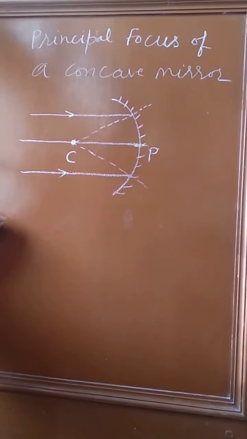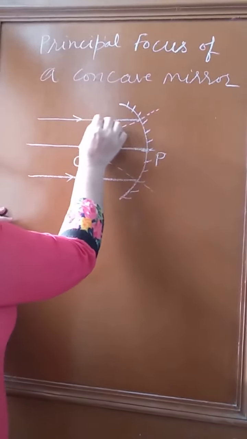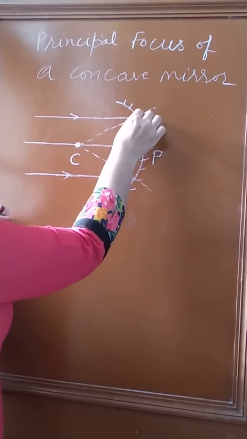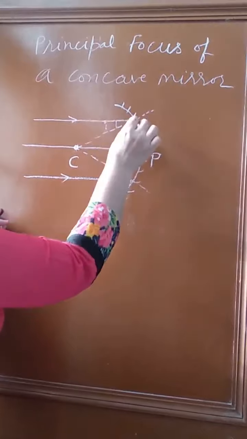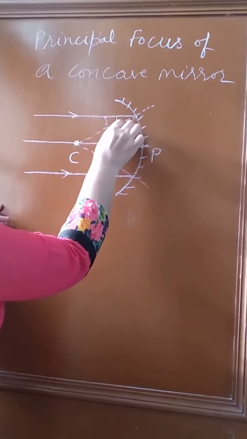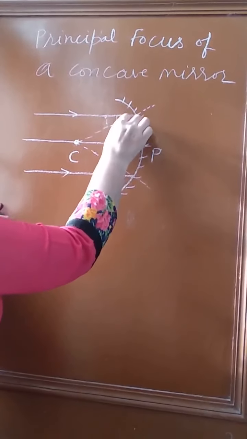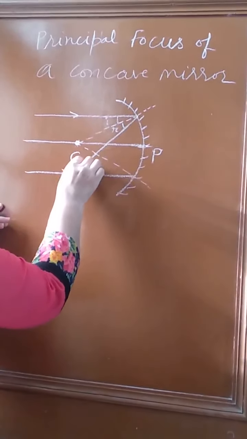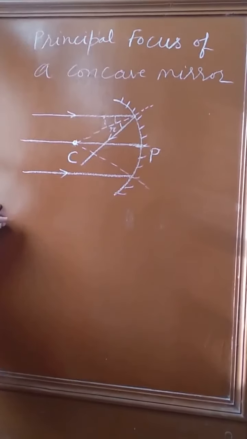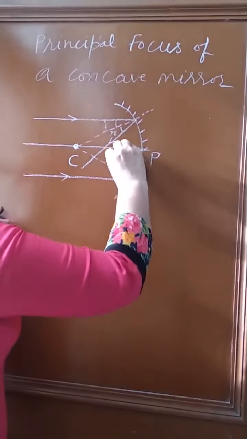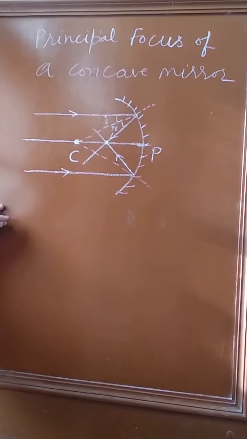Now we know, according to the law of reflection, when rays are incident on the mirror, they form equal angles. The angle of incidence should be equal to the angle of reflection. These rays are reflected from the mirror and meet at a point on the principal axis.